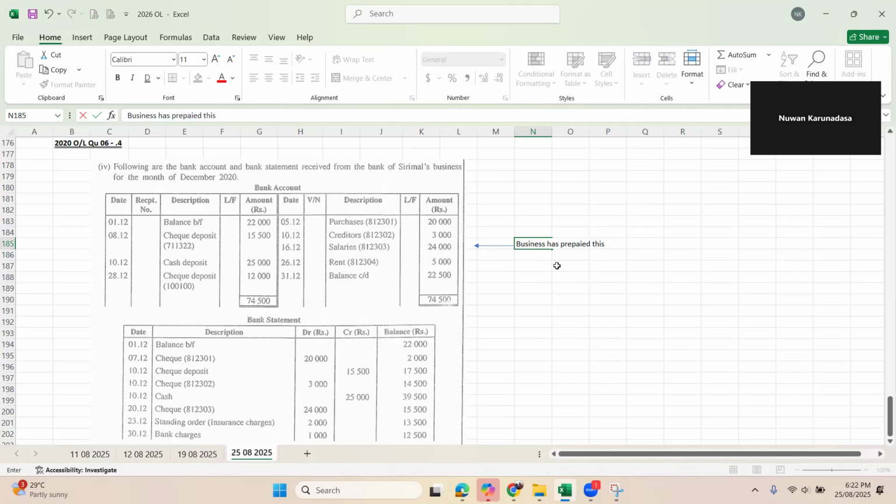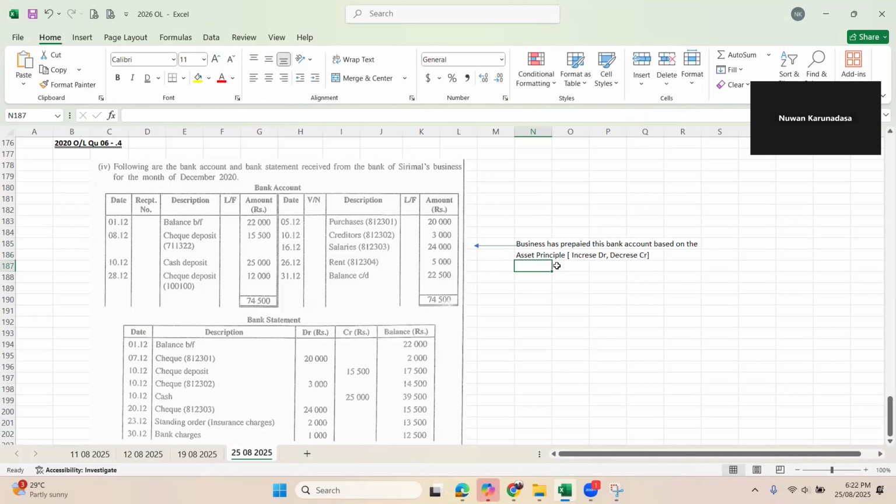This bank account is based on the asset principle. Asset principle means in the double entry system we have learned increase debit and decrease credit.